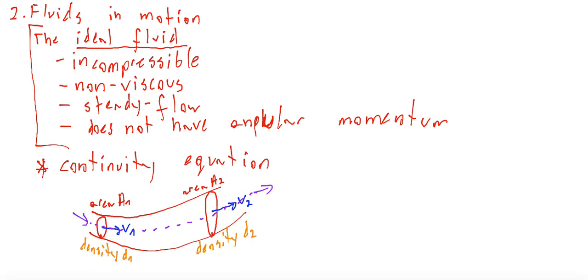So let's take first the mass in unit time, in delta t, of fluid which passes through A1. In delta t, the amount of fluid, m1, which passes through A1, can be written as density times volume.